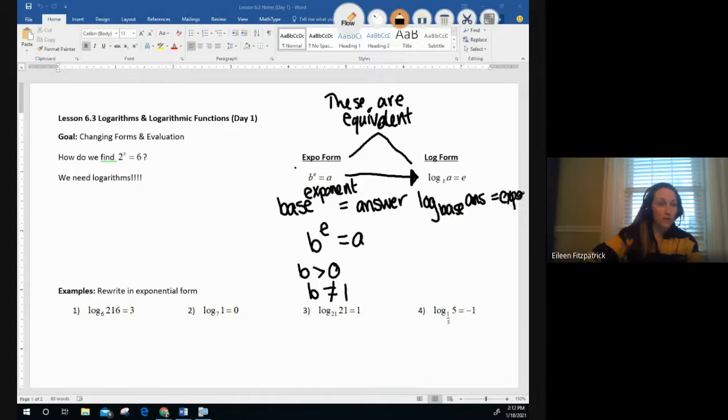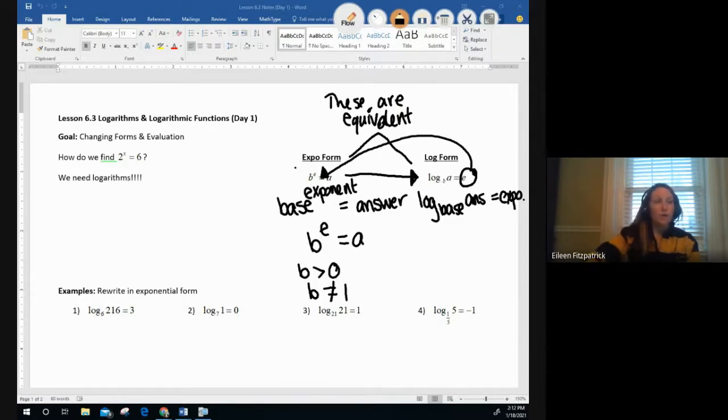I'm going to have to abbreviate because I ran out of room. Keep in mind that when we're working in log form, the answer is actually the exponent of exponential form. I'll say that again. The answer to a logarithmic equation, your result, is the exponent of your exponential form.